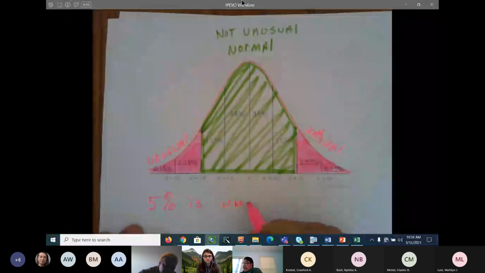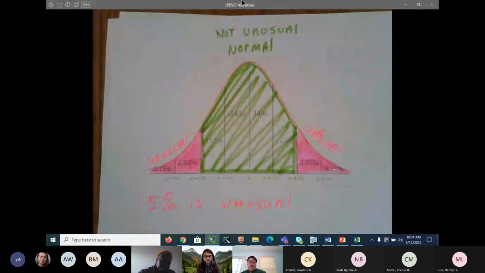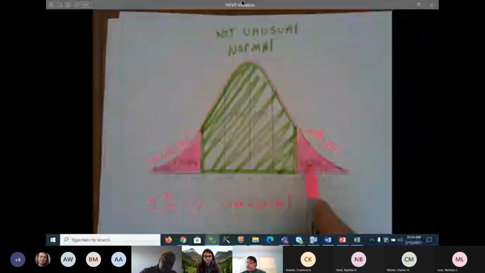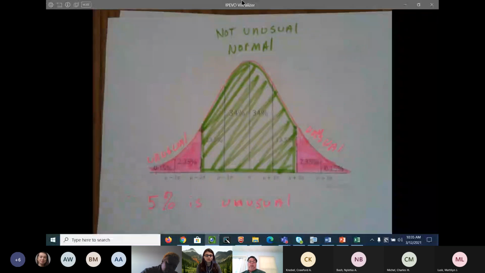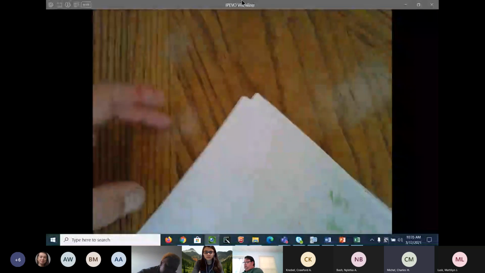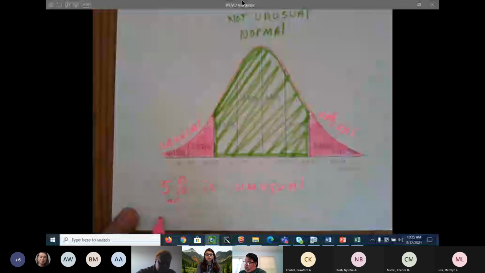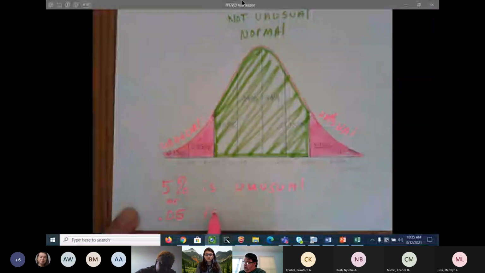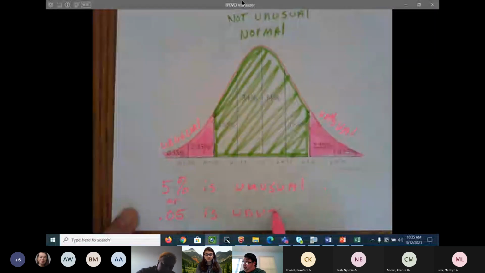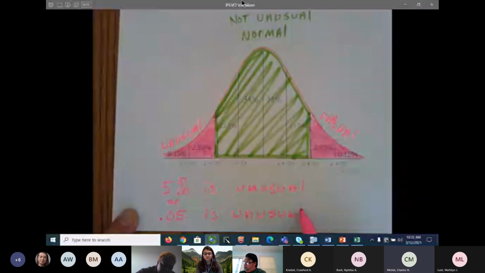Does everybody understand what I just wrote down? How'd you get 5%? Add up the percentages. See the percentages? Add them up, and you get 5%. How else can you write 5%? 0.05. So 0.05 is unusual. Everybody agree with me?